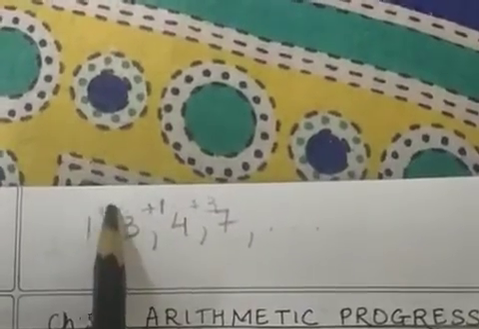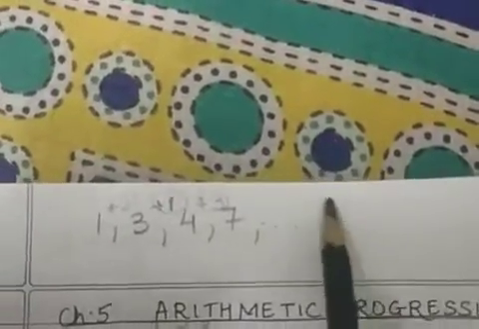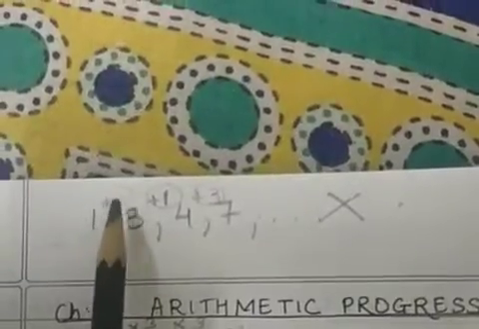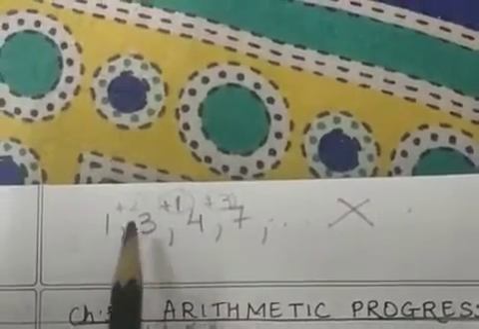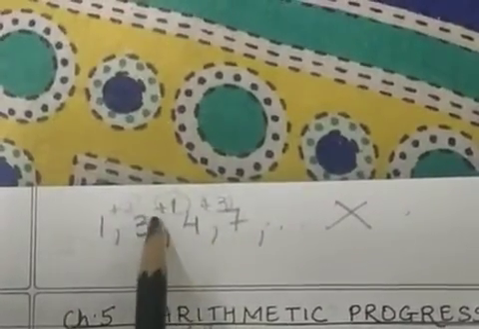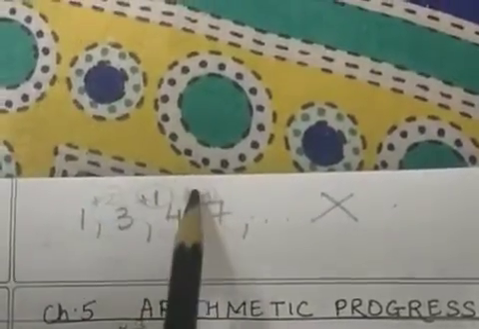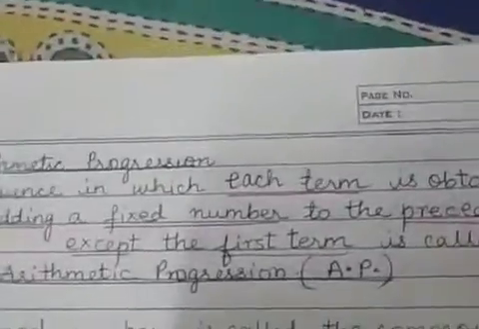So it is not a fixed number that you add to get the next number. So this is not an arithmetic progression. The condition is that a fixed number should be added to each preceding, that is previous, term to get the next term. So that is the definition of arithmetic progression.